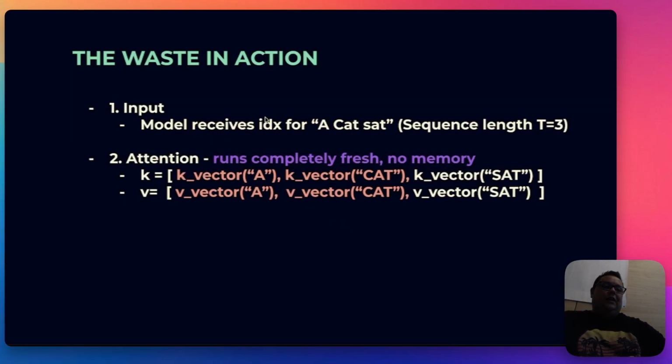So in the next round of our loop, it looks like this. The model receives "a cat set" with the sequence length of t equals 3. And now what is red, right? We're running the attention completely fresh without memory. So again, k vector "a", k vector "cat", and then the new thing, k vector "set", right? And the same for v vector "a", v vector "cat", and v vector "set".